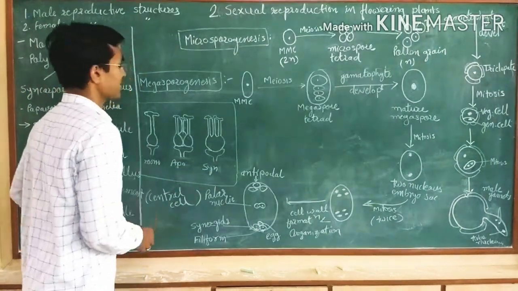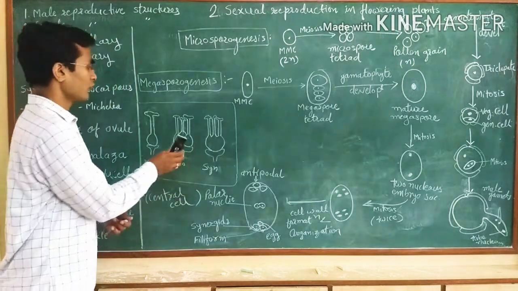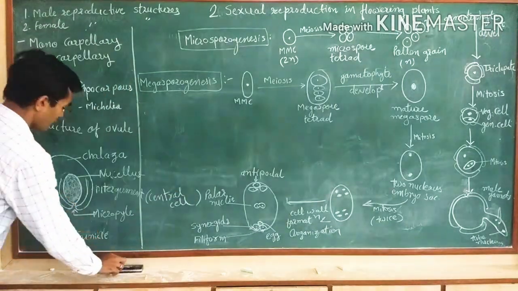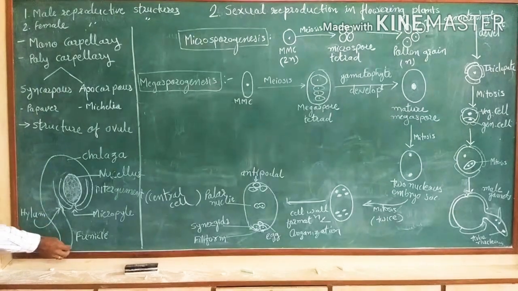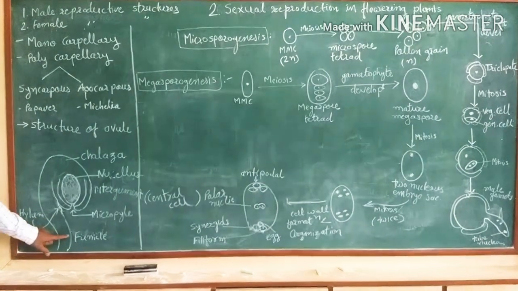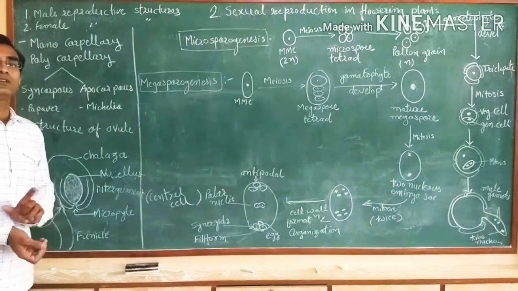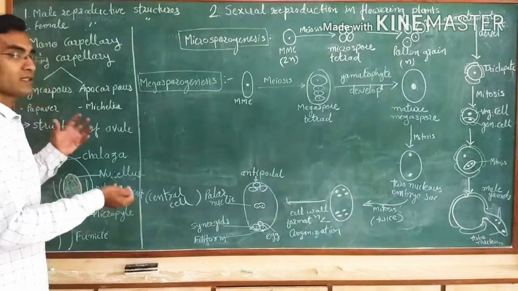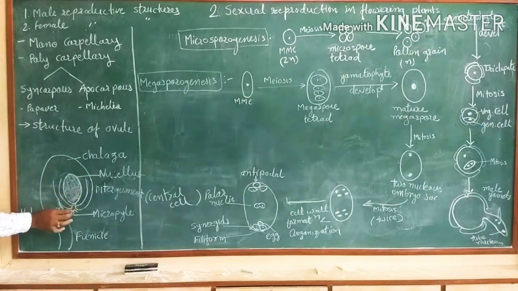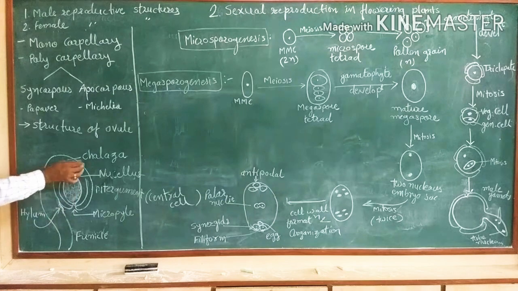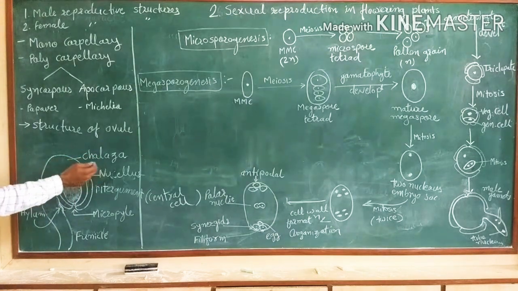Now we will understand the structure of the ovule. The ovule will start with the funicle. This is the part which attaches it inside the ovary. The part from where the integument starts developing is called the chalaza or chalazal end.